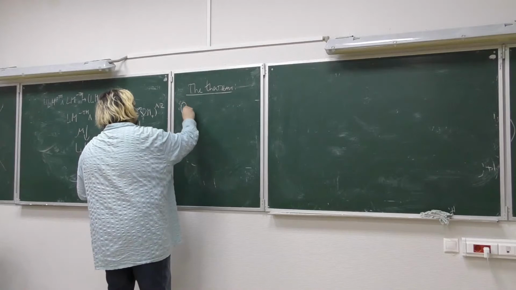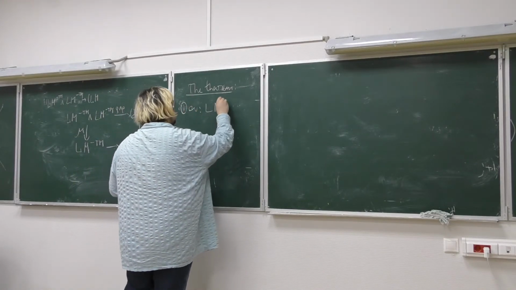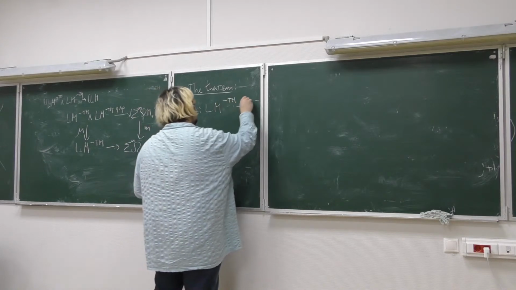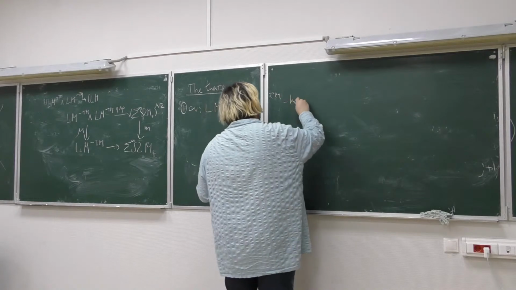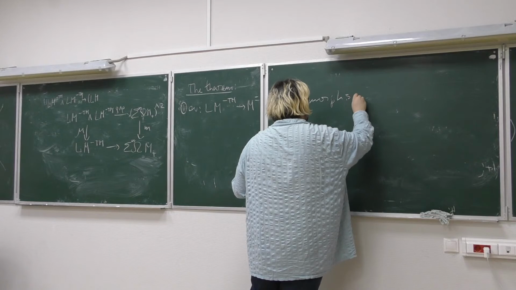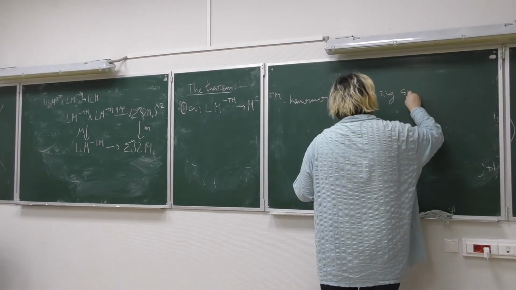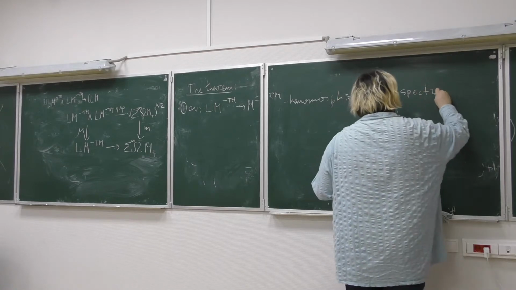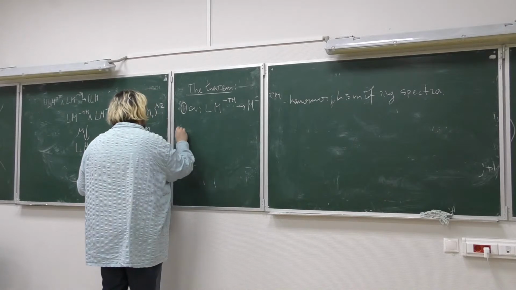So first of all, we have a homomorphism of ring spectra, which is given by the evaluation map.